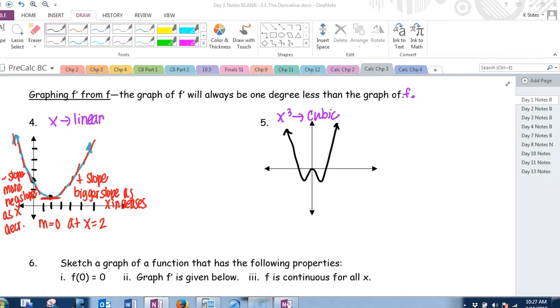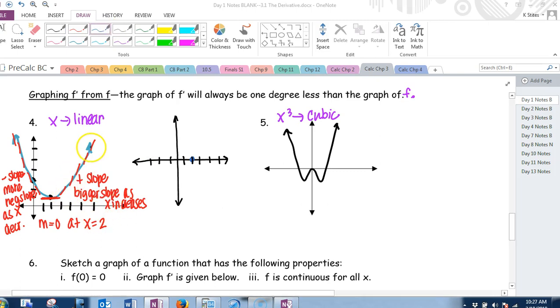So now we need to draw a representation of this. The key point was when x was 2, the slope was 0. So now your slope is going to be what you plot on this curve. The slope is 0 at x is 2. And as we went to the right, as x got bigger, your slope was positive.